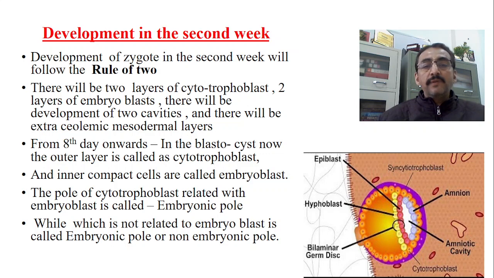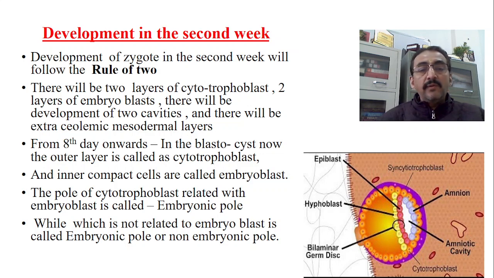The inner compact cells are called the embryoblast. The embryoblast is the one which forms the future fetus, whereas the cytotrophoblast forms different types of protective layers for the fetus.